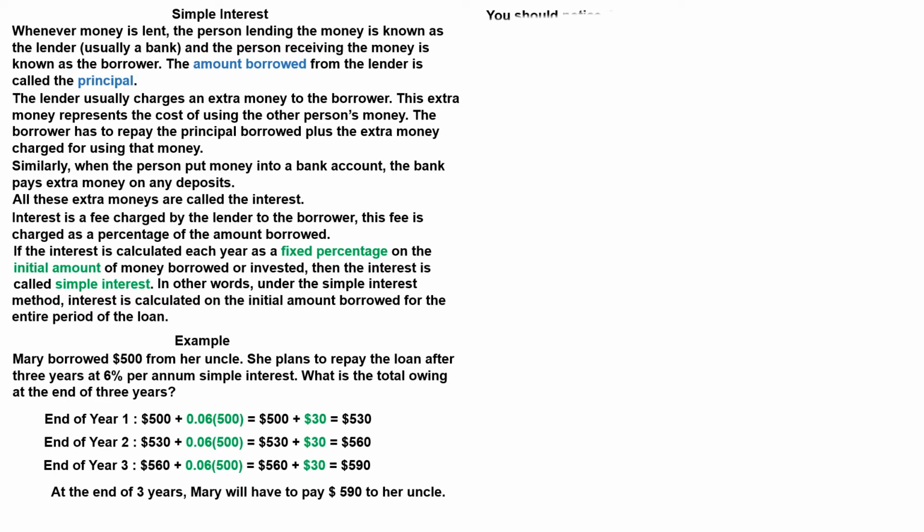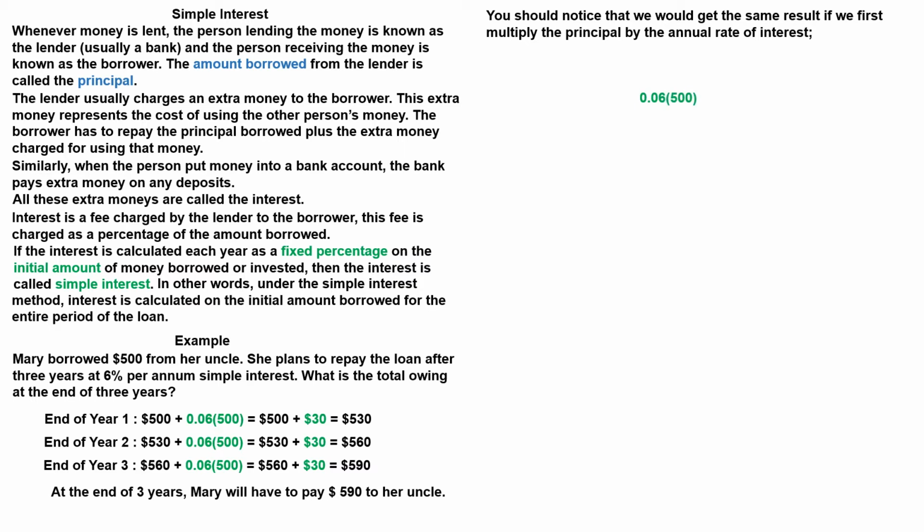You should notice that we would get the same result if we first multiply the principal by the annual rate of interest. This gives us interest per year. We then multiply the result by time in years.